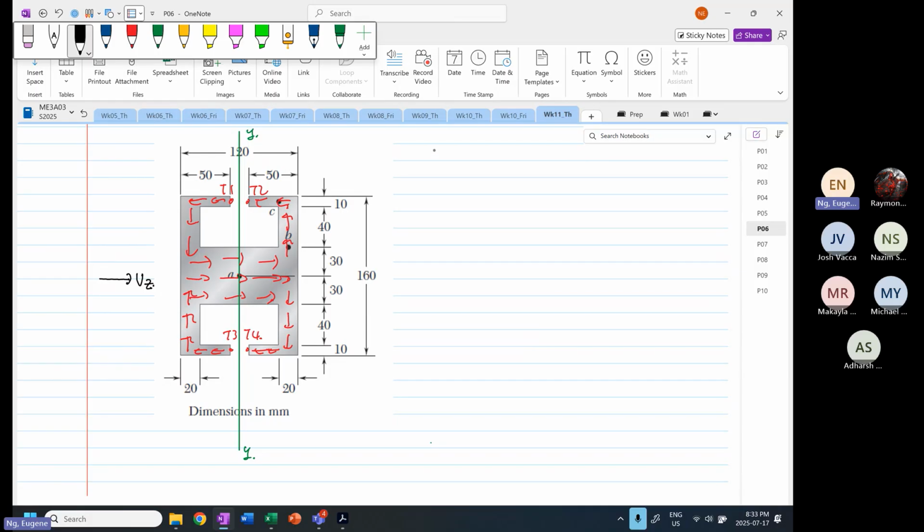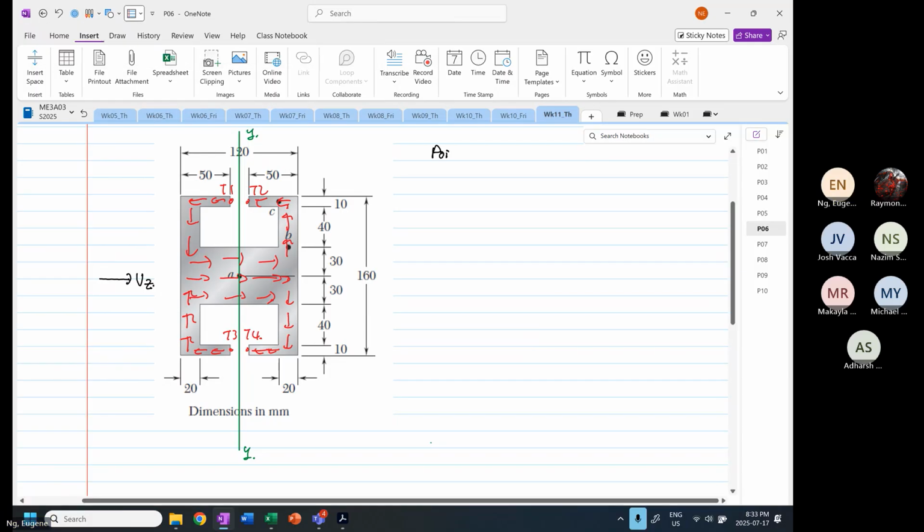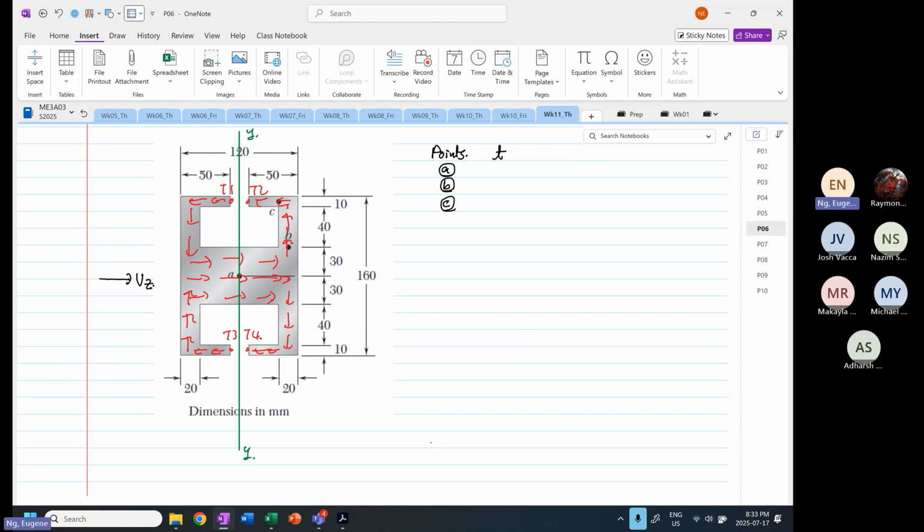Okay, so if we look at points, you have your point A, point B, and point C. Now the thickness is different. Point A is 60 millimeters. Point B is 20 millimeters. And point C is 10 millimeters.